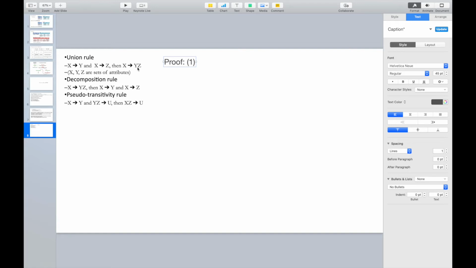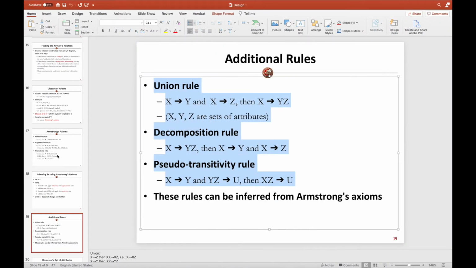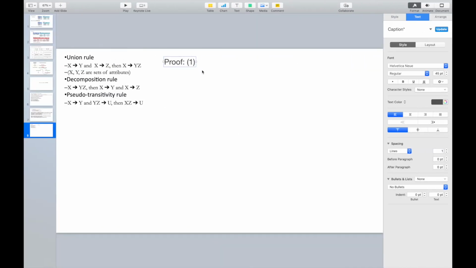How can we prove it? We can prove it by using the augmentation rule we showed before. Let me also show you the Armstrong axioms. We have one augmentation rule shown here. If we have A1 to An implies B1 to Bm, then we can augment both sides with some new attributes C1 to Ck. By using this augmentation rule, we can derive the union rule.